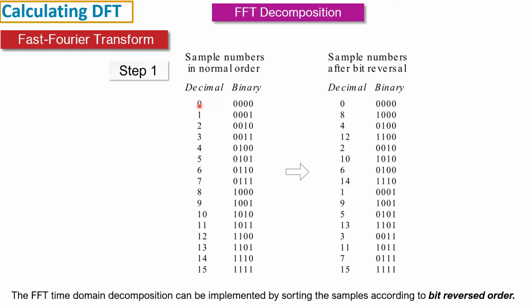This order, you can see this was the normal order: sample numbers 0, 1, 2, 3, until sample number 15 in the previous slide, right? So this was the new order after decomposition. So 0, 8, 4, 12, 2, 10 and so on until 15.